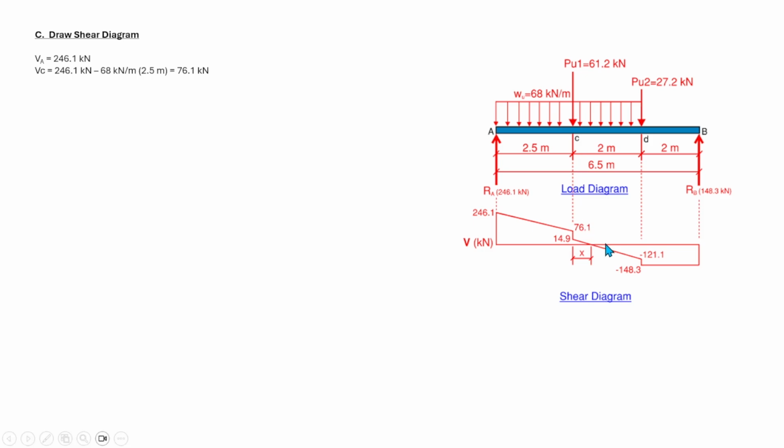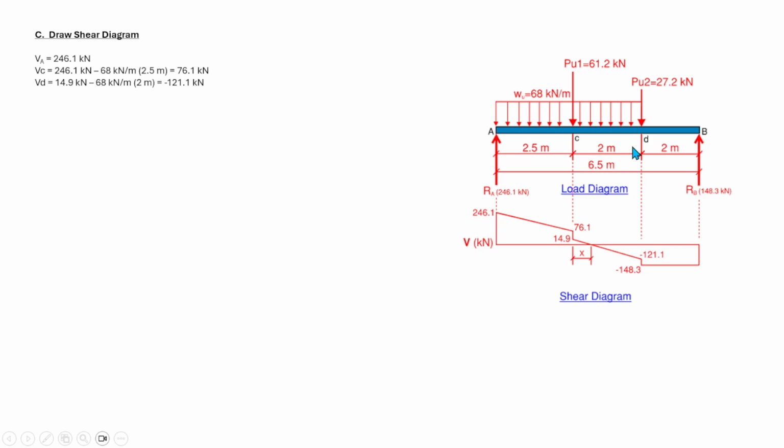The shear at point D is again equal to the shear at point C, which is 14.9, minus the load between C and D. The only load that we have in this region between C and D is 68 kilonewton per meter times 2, so the shear is minus 121.1 kilonewton.